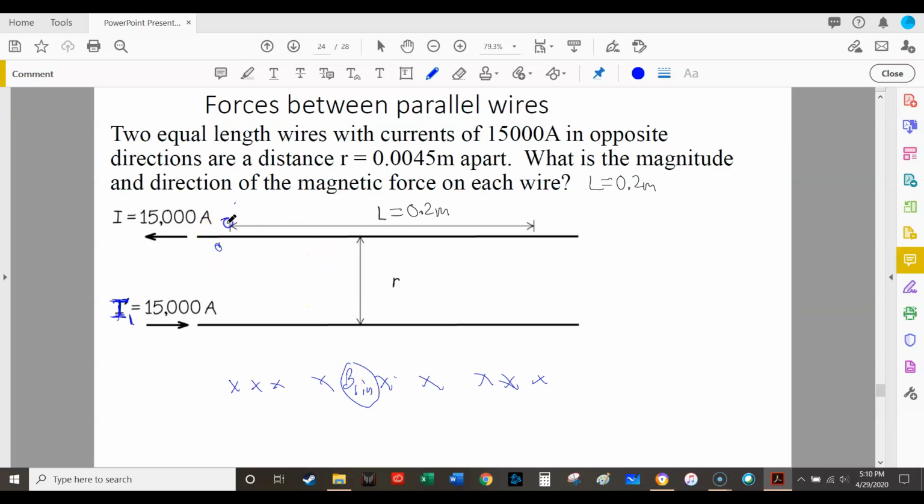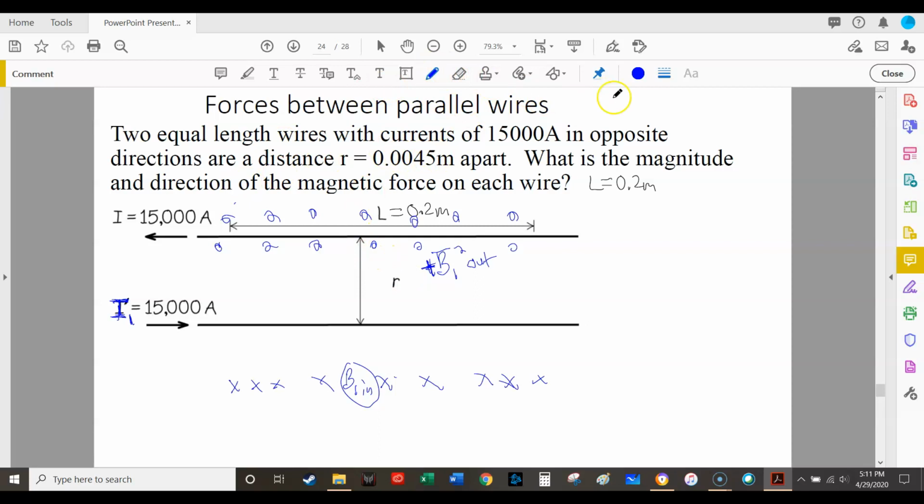Wire number 1 is going to create a magnetic field around wire number 2, and wire number 2 is going to be red. So this is the magnetic field due to wire number 1, which is going to end up being out of the page. So it's going to be a positive magnetic field, right?